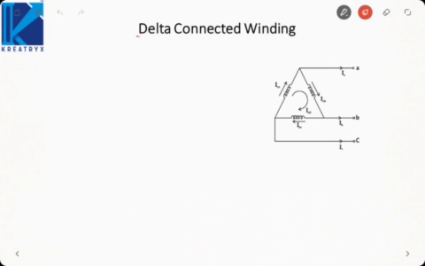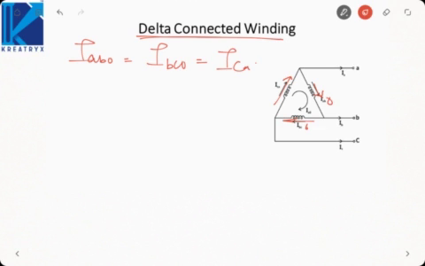Now let us consider the delta connected winding. If the winding is delta connected, then these are the zero sequence currents IAB0, IBC0, ICA0. Now I know zero sequence components are all equal.